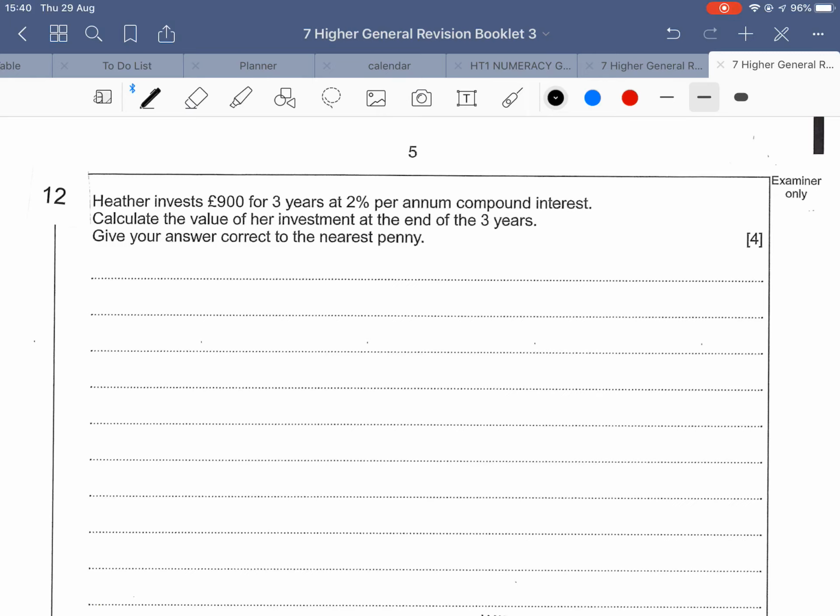So we start with 100% again, like in the previous one. Interest means you gain money, so we add 2% each year. So 100% add 2% is 102%. With compound interest, we like to work with decimals, so 102% is 1.02. So this is our multiplier. This is what we're going to multiply by. So we have £900.